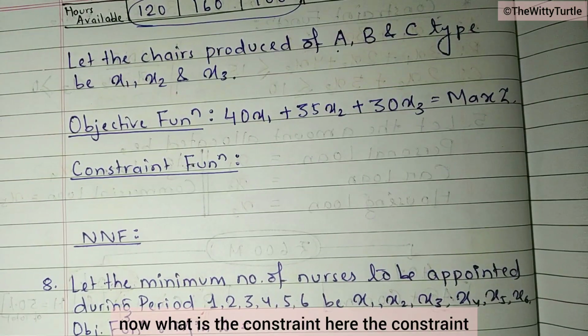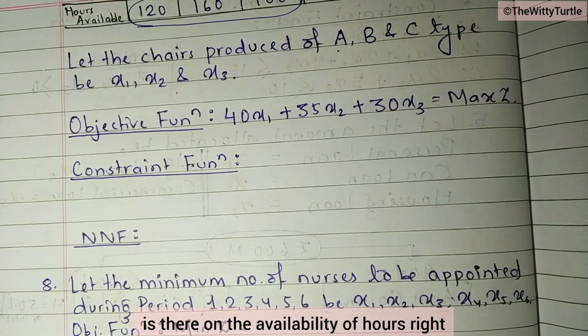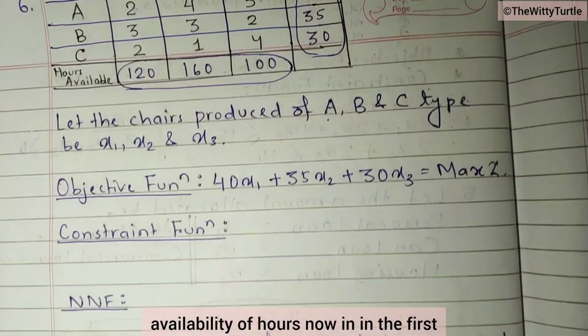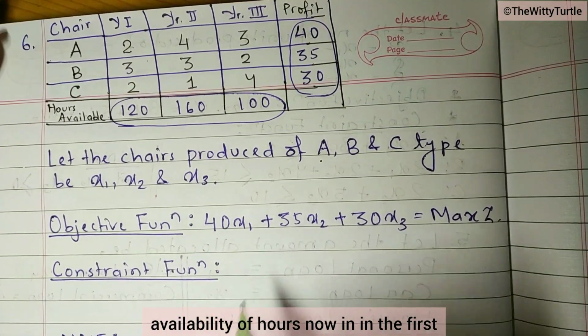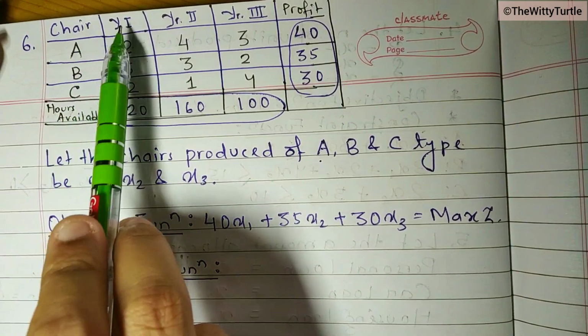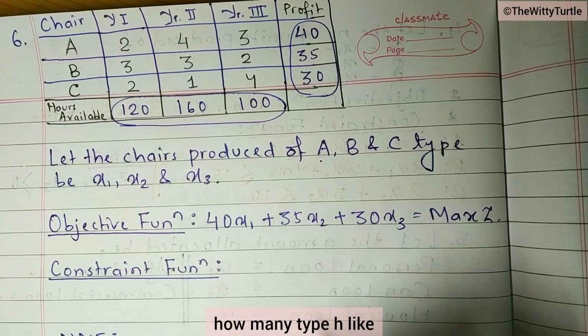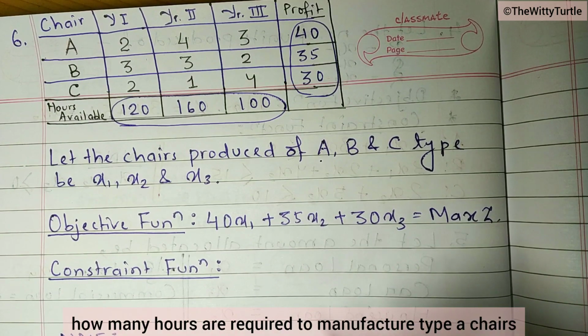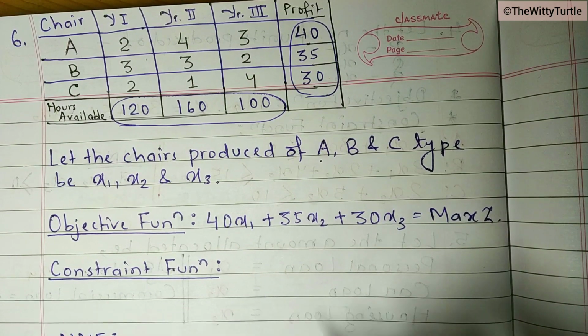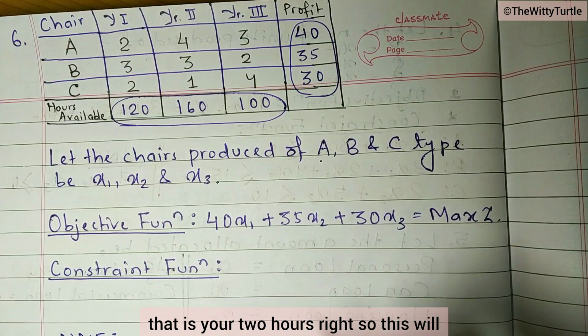Now, what is the constraint here? The constraint is there on the availability of hours, right? Now, in the first year, how many hours are required to manufacture type A chairs? That is your 2 hours, right?